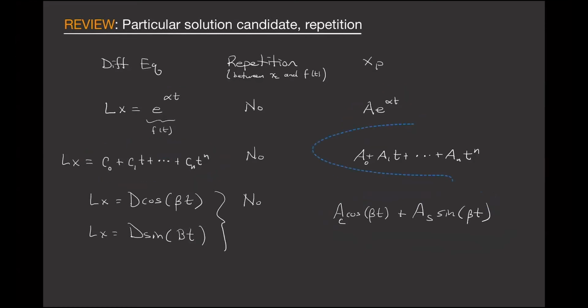If you have a polynomial, candidate polynomial. If you have trig, you're going to get trig. That's different when you have repetition, but the only difference is taking these and then multiplying them by a polynomial.